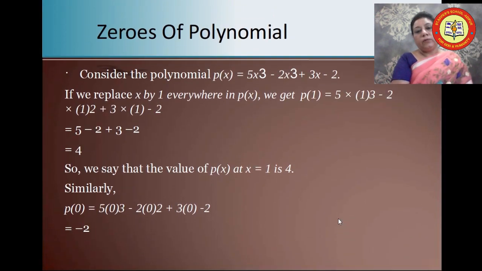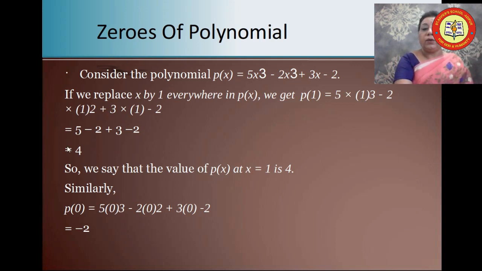Let us see some examples to find the zeros of the polynomial. Consider this polynomial p(x) equals 5x cubed minus 2x squared plus 3x minus 2. If we replace x by 1 everywhere, we get p(1) equals 5 into 1 cube minus 2 into 1 raised to 2 plus 3 into 1 minus 2.